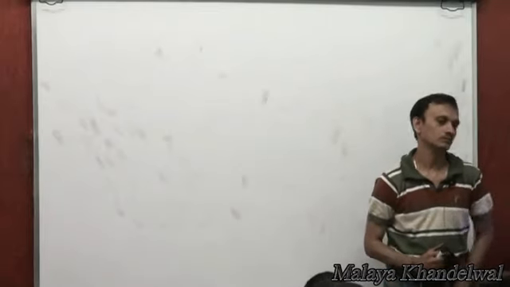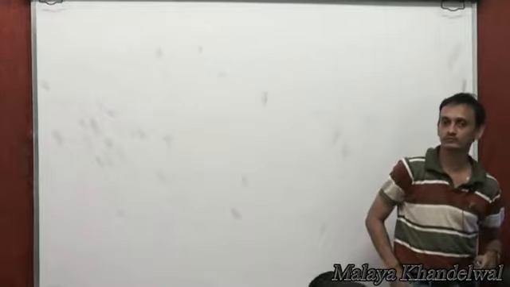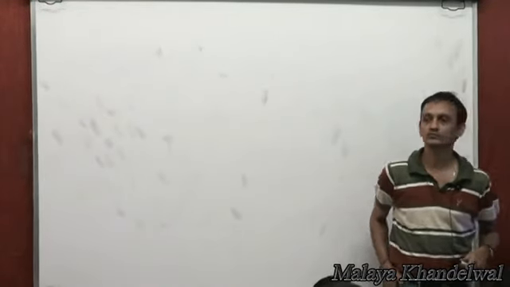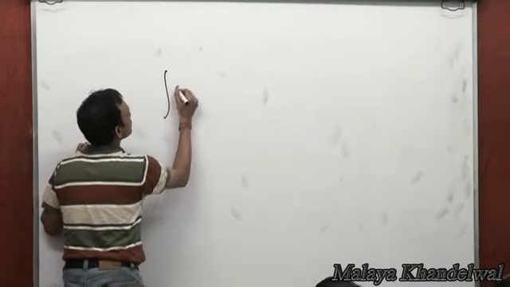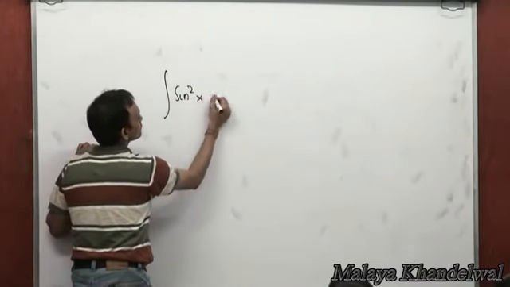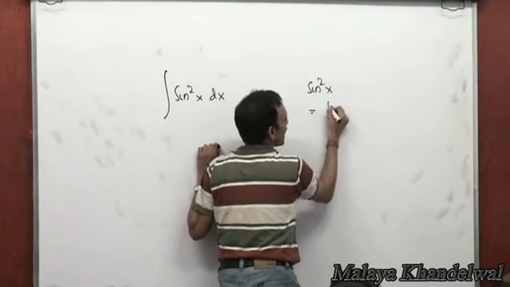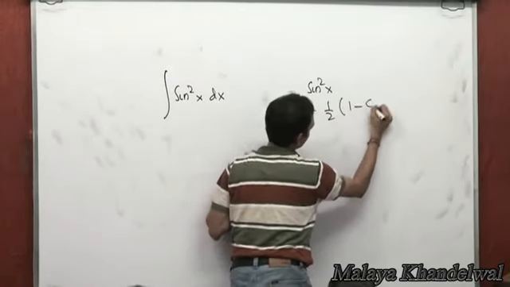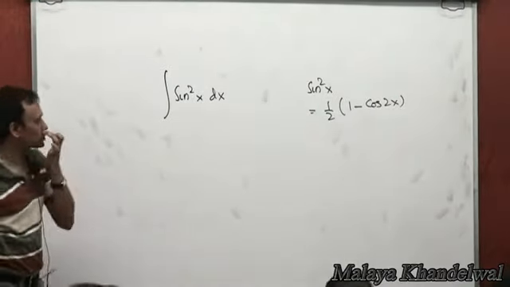Got it? Sine squared x, like I said, is half of 1 minus cos 2x.